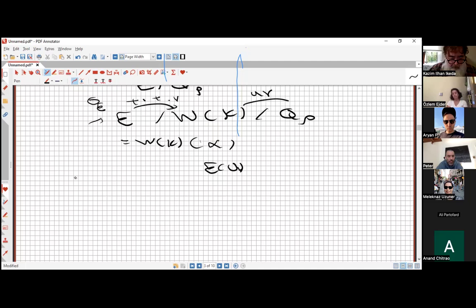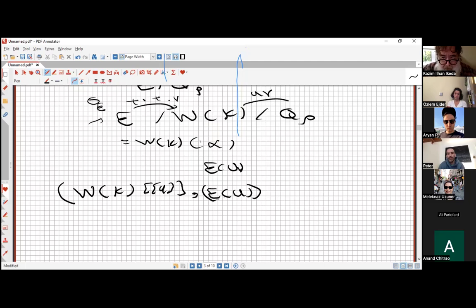You have this ring W(k)[[u]]. You can naturally define a Frobenius on it by sending u to u^p. You can consider the ideal generated by E(u) as the Cartier divisor.